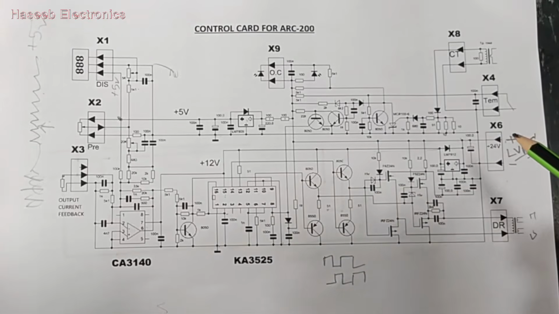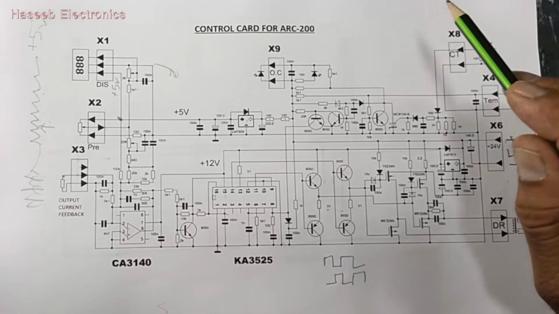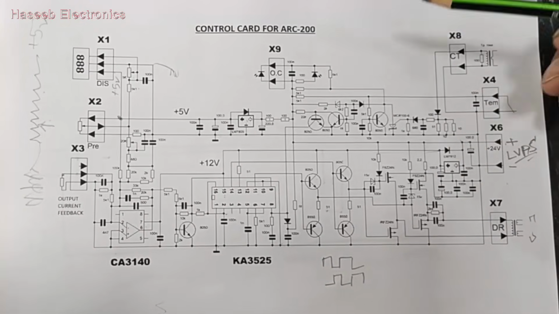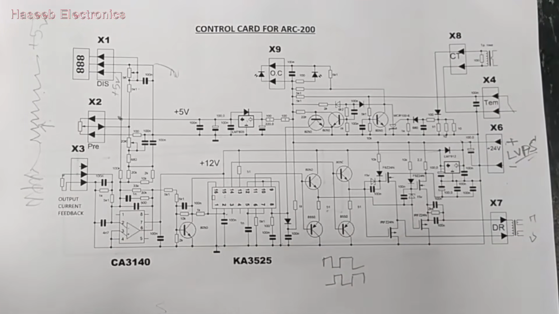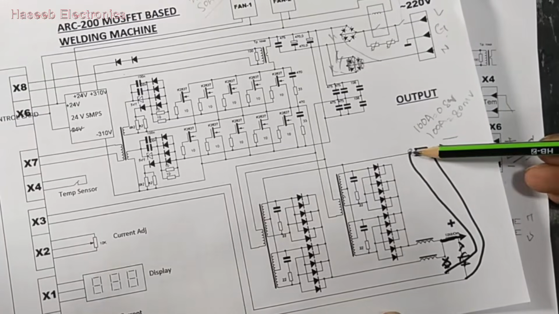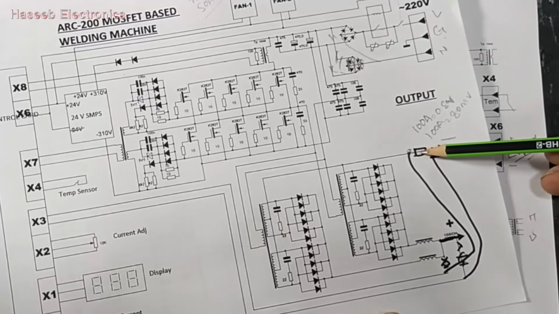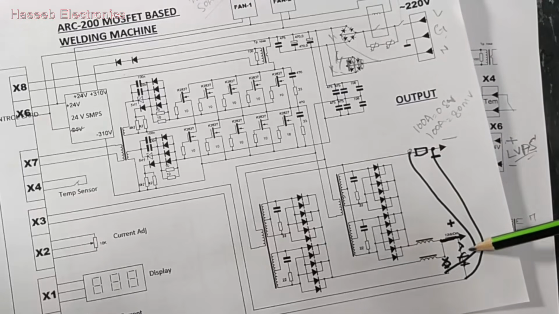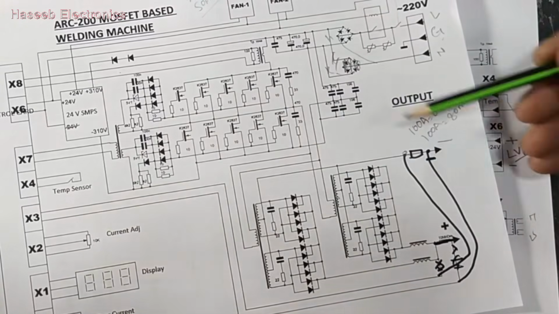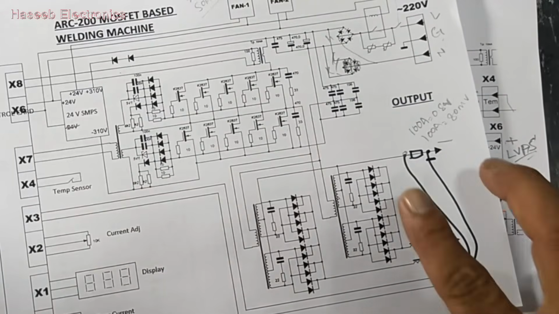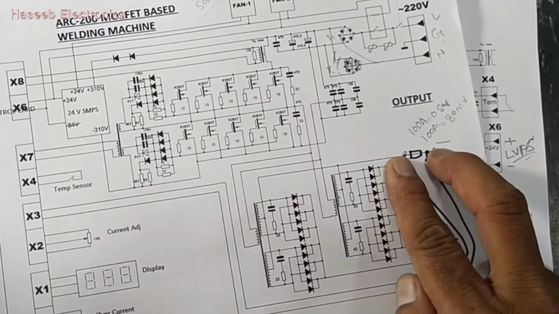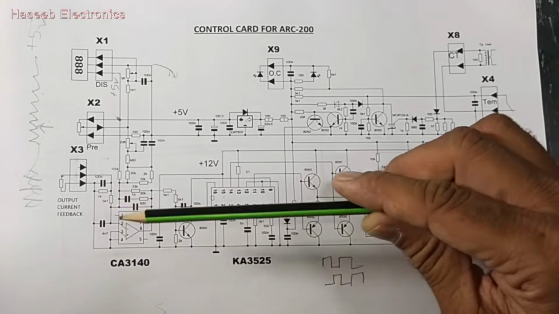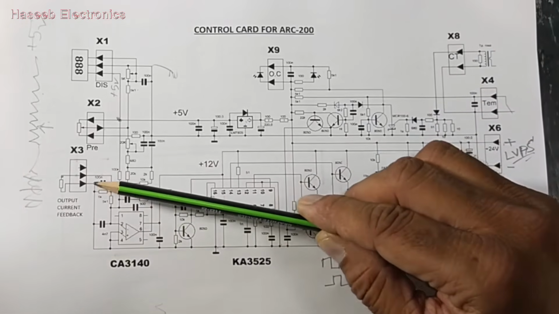When we connect a rod to any job, it starts arcing, it starts welding. At that time current flows in the transformer on the output side, and how much current is flowing through this shunt resistance, it will tap voltage and send it to X3 connector. We take two wires from this shunt resistance and these wires are reaching here, X3 connector.